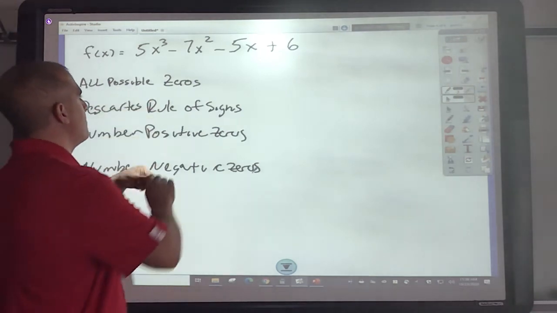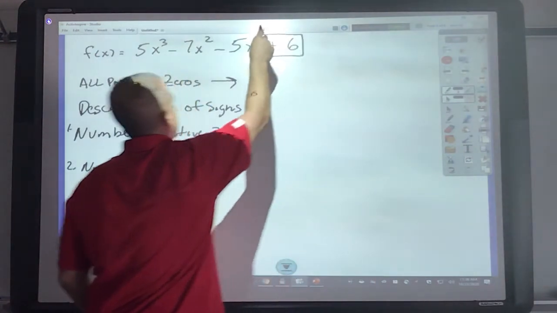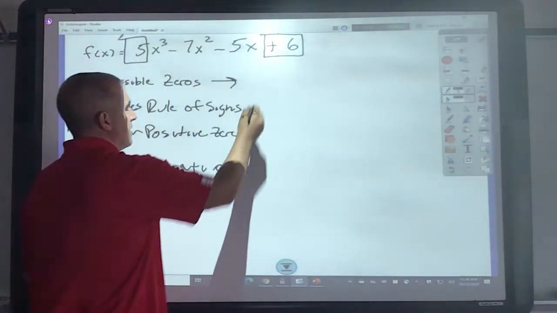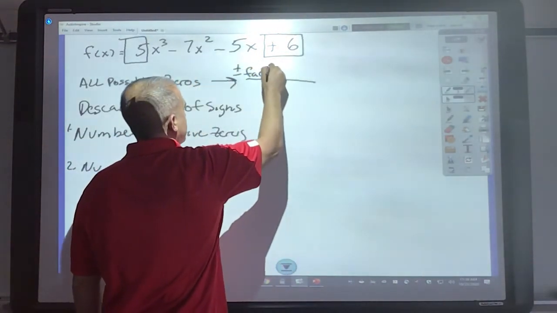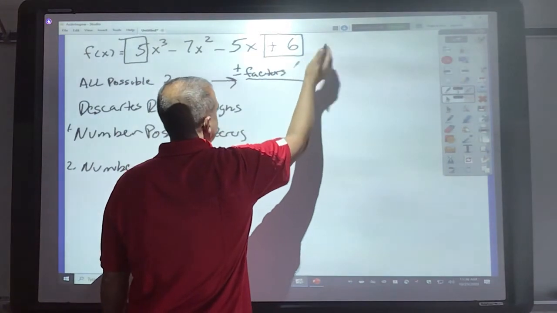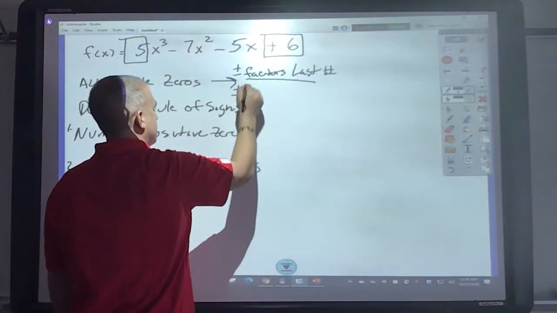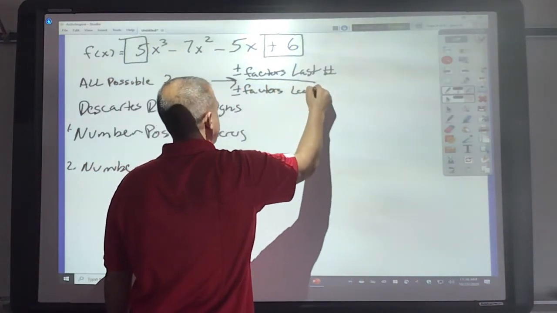To figure out the number of possible zeros, here's what you're going to look at. You're going to look at the last number and the first number. Okay? So I'm going to take plus and minus the factors of my last number, divided by plus and minus the factors of the leading coefficient.